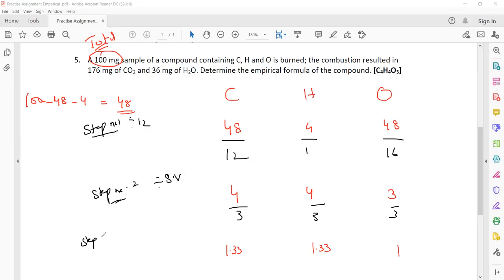Then step 3, we make them in the simplest whole number ratio. So if 1.33 is there, we'll multiply all of them by 3. 1.33 multiplied by 3 gives 4, 4 and 3. So the empirical formula of the compound is C4H4O3. Is this example clear?